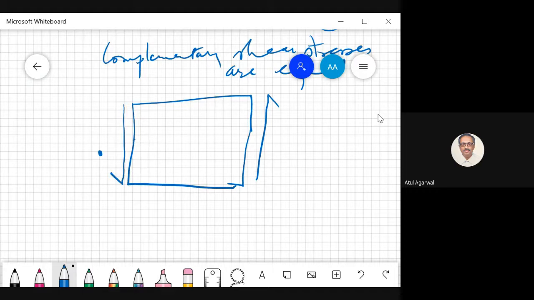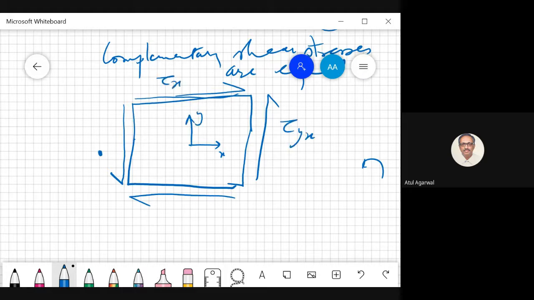But they together are making a torque, a counterclockwise twist. So how can you balance the counterclockwise twist? You apply a clockwise twist. So this is known as tau yx. This is known as tau xy. This is all we have already done.